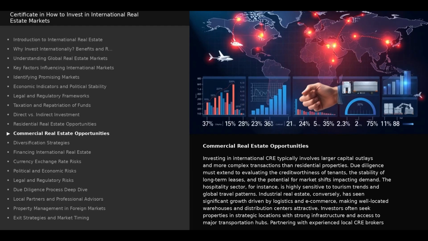Industrial real estate, conversely, has seen significant growth driven by logistics and e-commerce, making well-located warehouses and distribution centers attractive. Investors often seek properties in strategic locations with strong infrastructure and access to major transportation hubs. Partnering with experienced local CRE brokers and property managers is essential for navigating these specialized markets and maximizing returns. This collaboration mitigates many operational challenges.